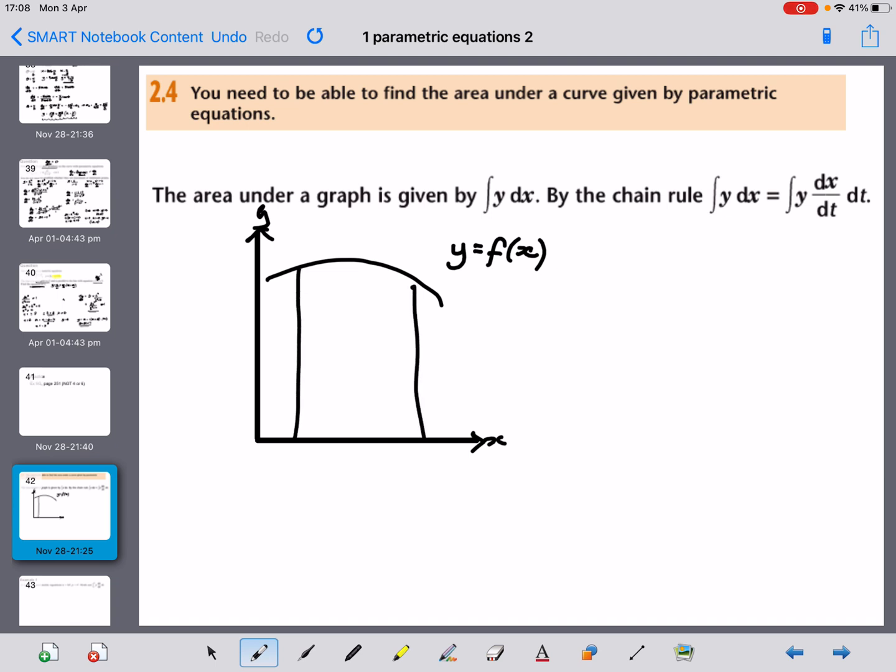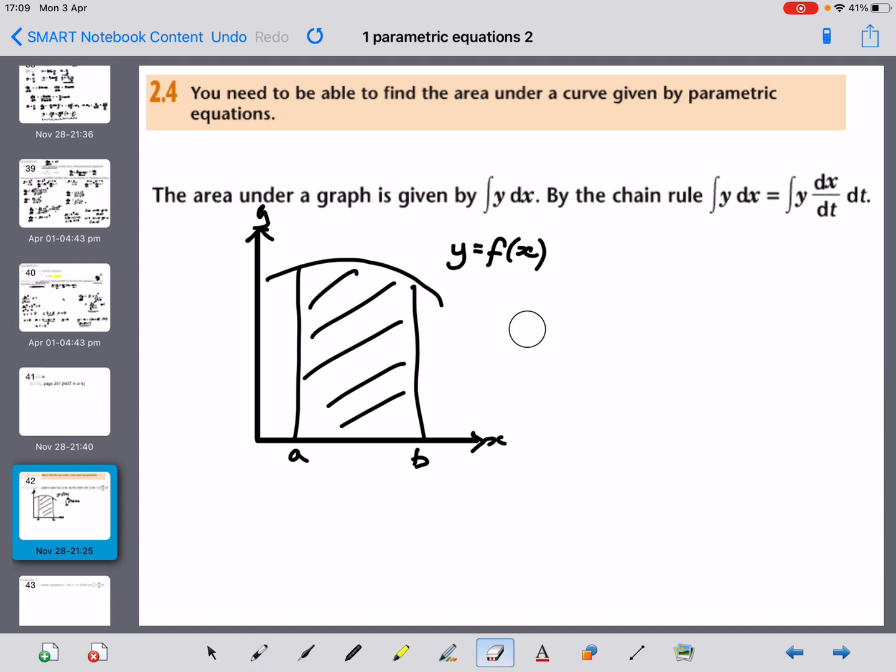We would integrate f of x dx between a and b, and the a and b would be our x limits, so the values along the x-axis. So that's if we were doing it using Cartesian equations.